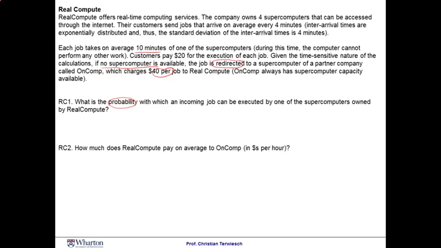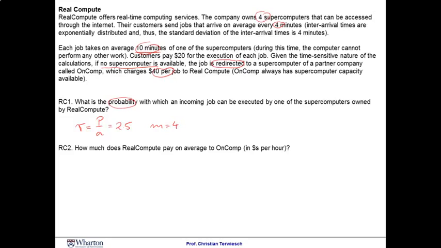For loss questions, we have the Erlang loss function. And so remember, we start by looking at the ratio of p divided by a. We have a processing time here that is 10 minutes, and an inter-arrival time that is 4 minutes. So that ratio here is 2.5. We have m equals 4.